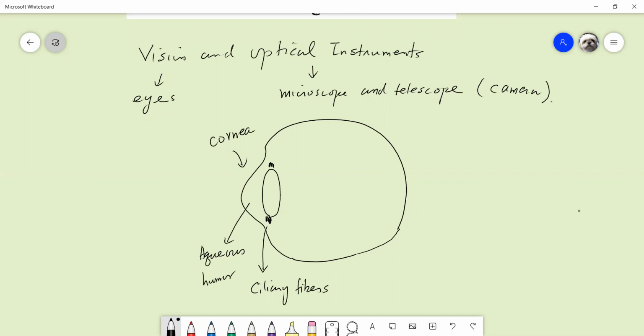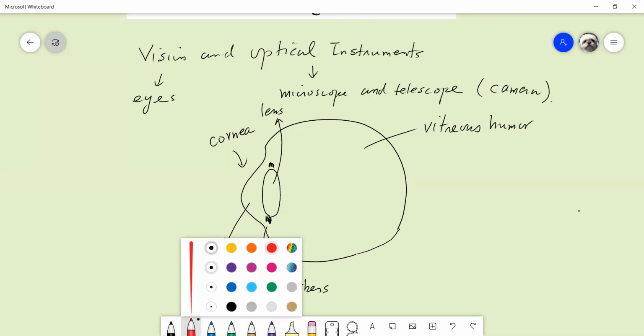And inside the lens pocket here, there is a jelly type of tissue, which we call the vitreous humor. This is the lens. And then this part here will be my whole retina.